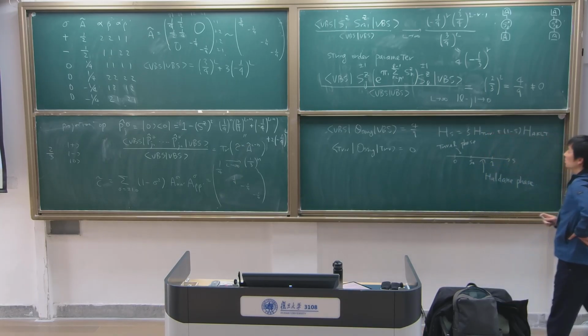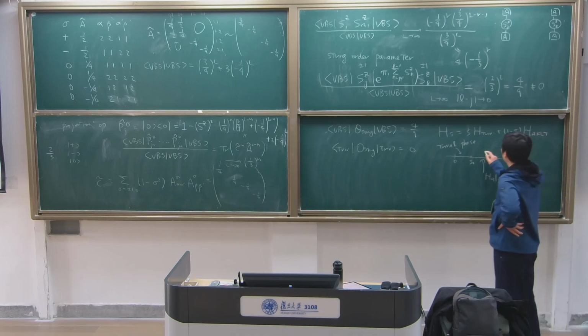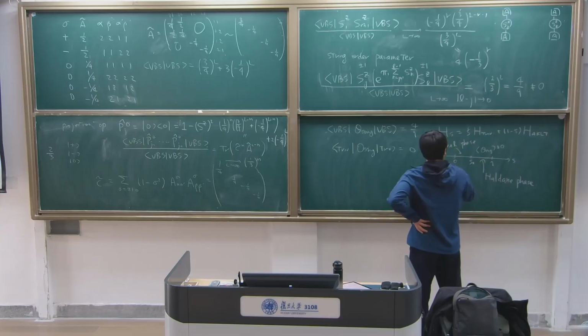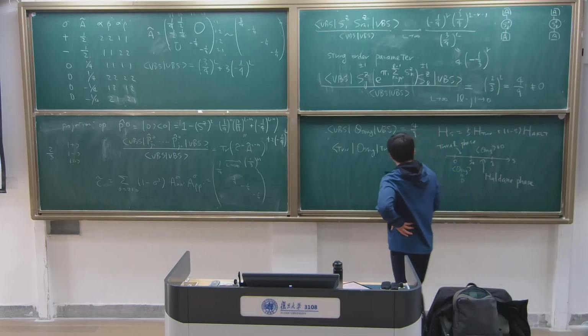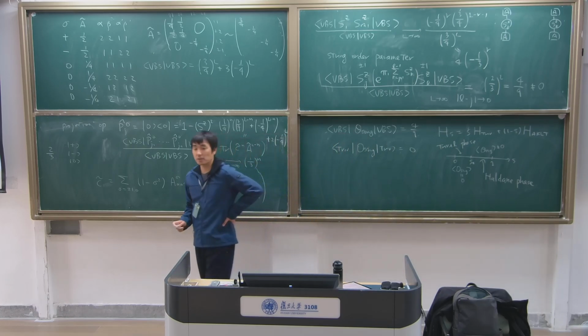Also, a unique gapped ground state. But here the string order parameter is zero, whereas here it is non-zero. That's why we call it the string order parameter.